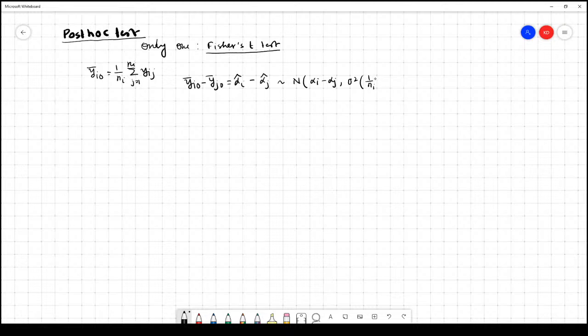Ni is the number of observations under group i, and nj is the number of observations under group j.